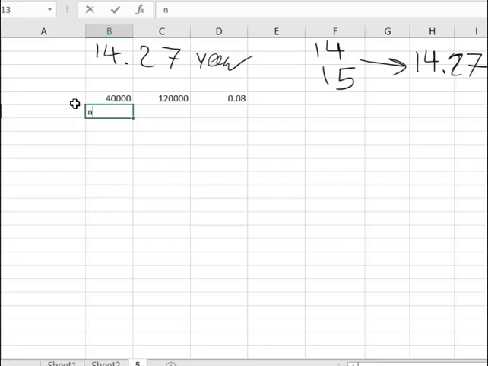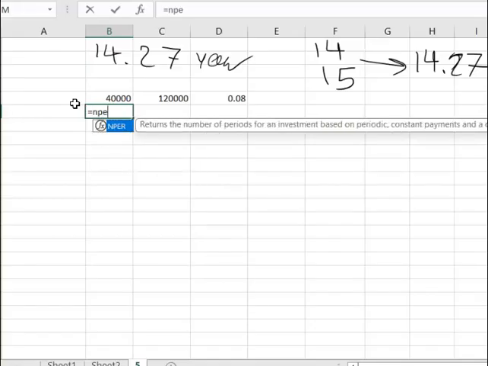You are very good now with this type of formula. We had IRR, now we have NPER, number of periods. And as you can see here, always read these help notes that Excel provides. Since it is the first time I'm reading it for you, it returns the number of periods for an investment based on periodic, constant payment and a constant interest rate.